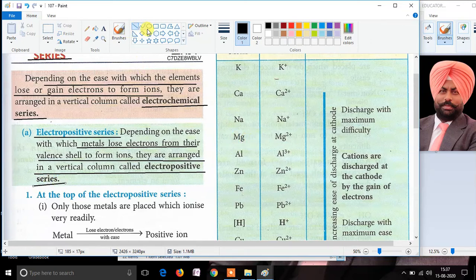Let's study this series. The first member of this series is potassium, then the calcium. Potassium is more reactive than calcium, that is why it's written on the top, and calcium is below potassium.